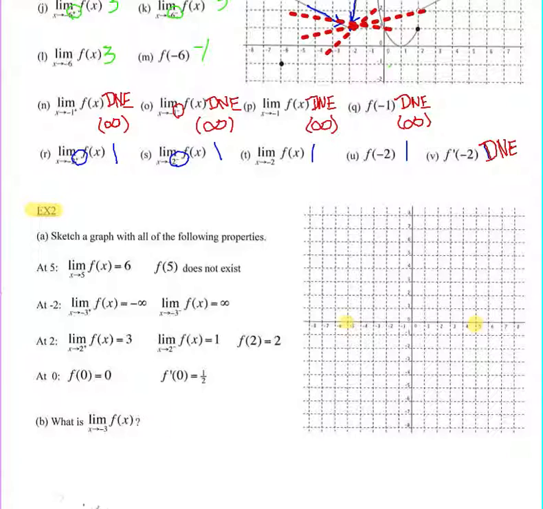Excuse me. There we go. So at 5, which is over here, we need the value of the limit to be 6, and the value of the function does not exist, which implies that there's a hole.